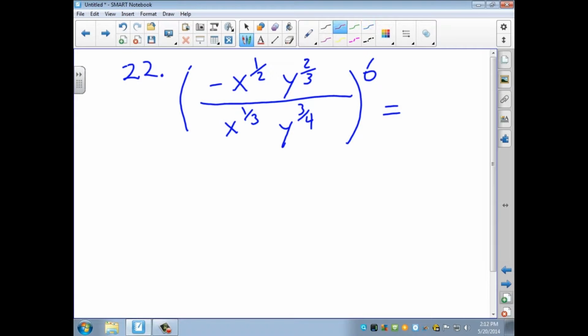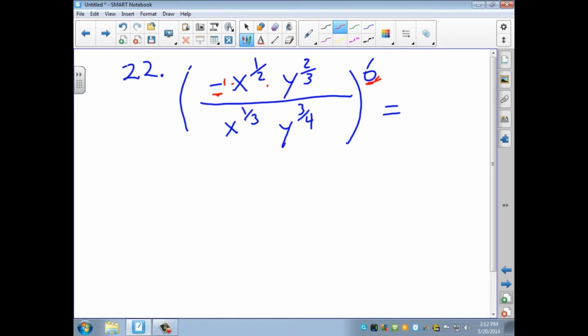First, this negative here, you can look at it as a -1, and -1 raised to an even power would be positive. So I really don't need to put this negative anymore once I raise everything to the 6th power.